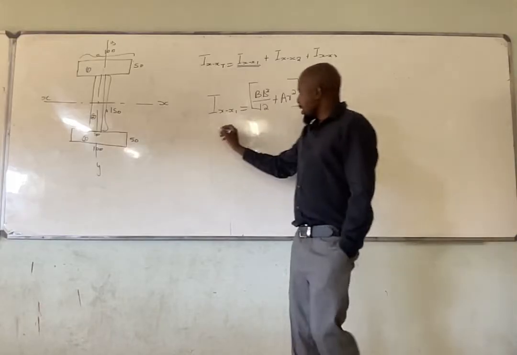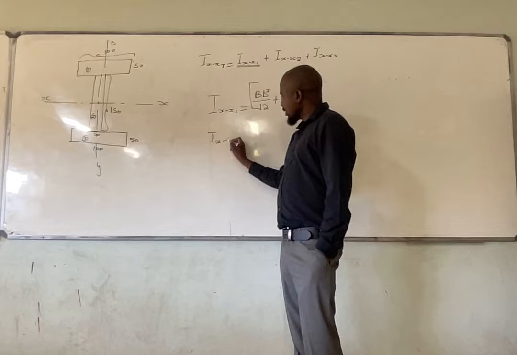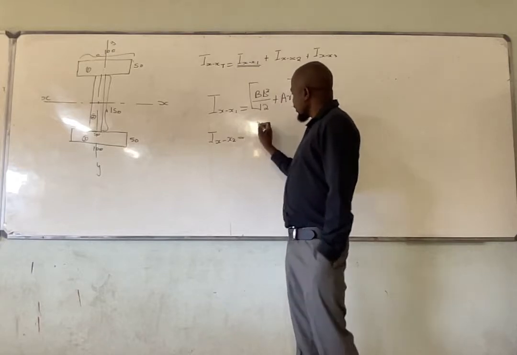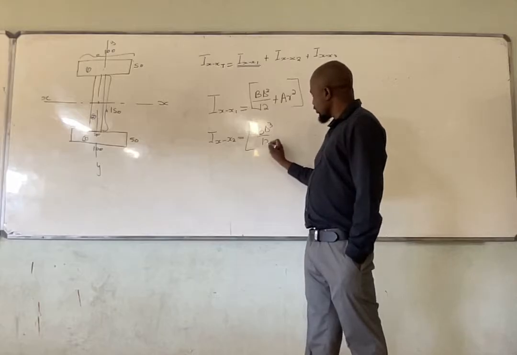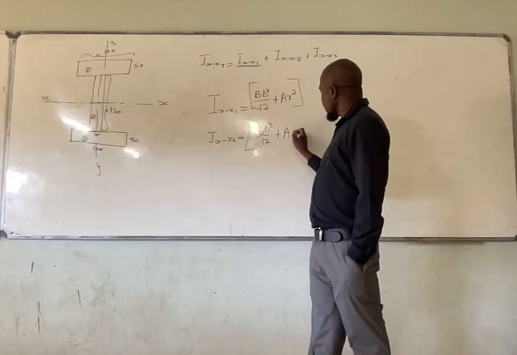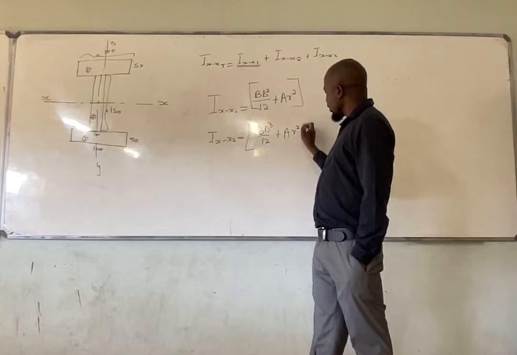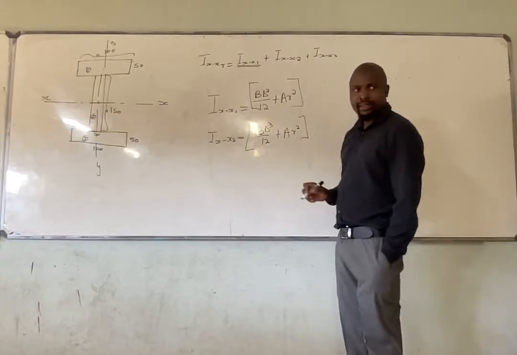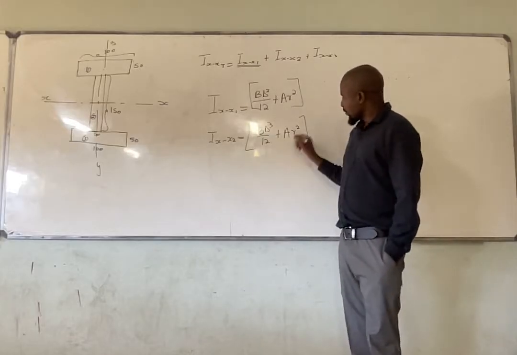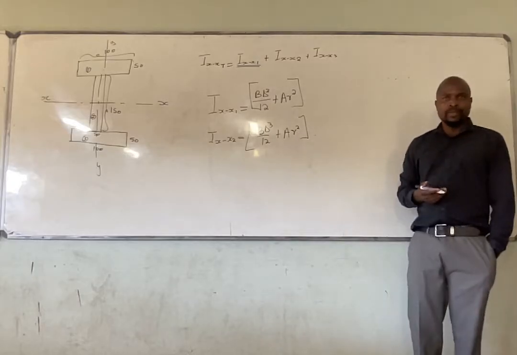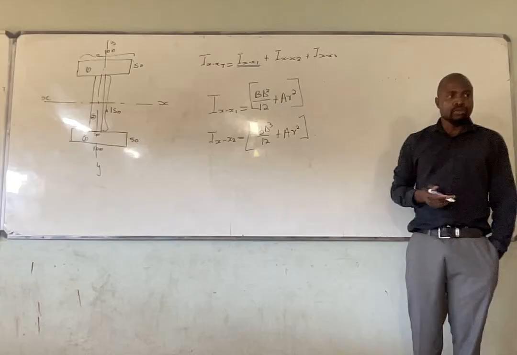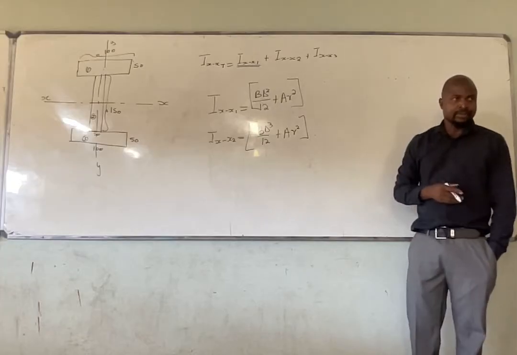So the same applies for Ixx2: BD cubed over 12 plus AR squared. Sorry? R2 is 0. Yes, you are right. R2 is 0. But what about for those who are not sure about that one?